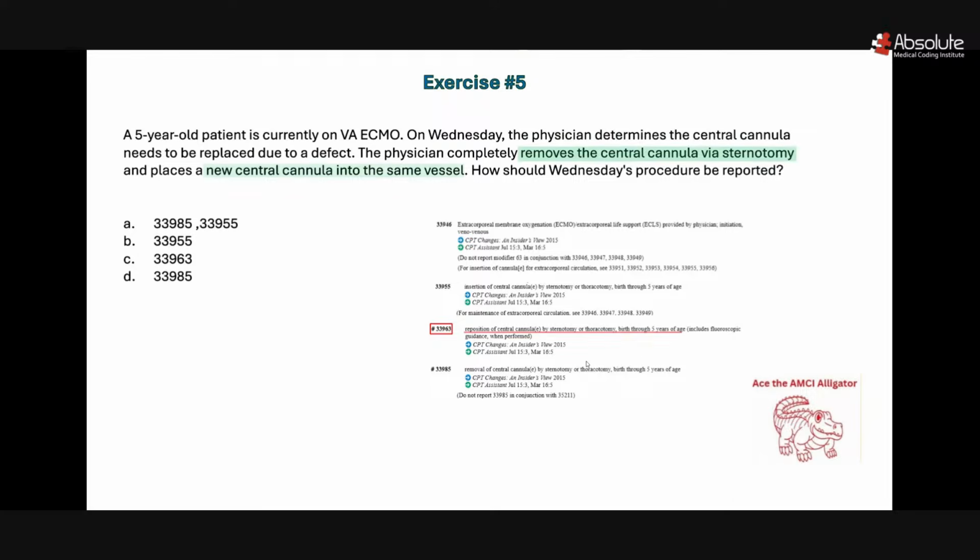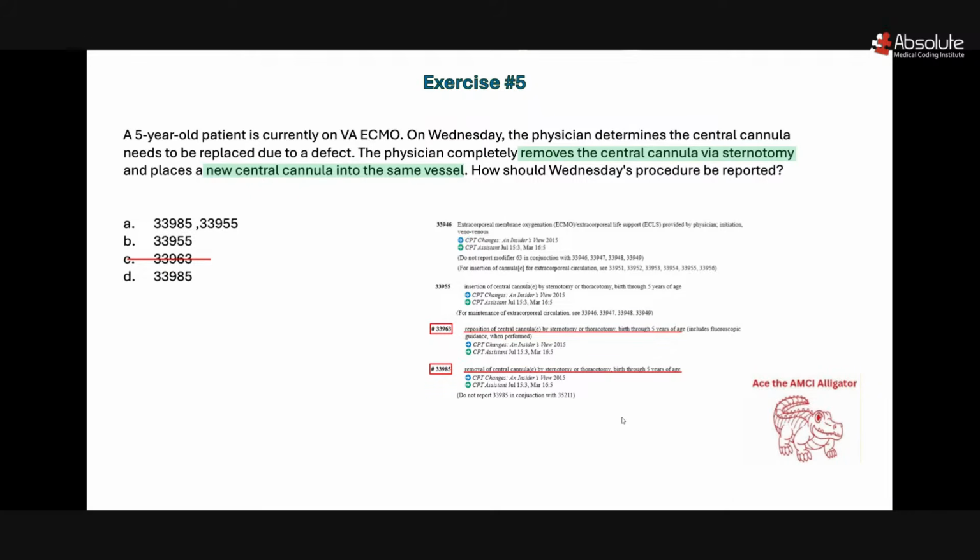So let's keep that in mind. Here 33963 is coding for just a repositioning of the cannula, and that's not exactly what we are looking at.